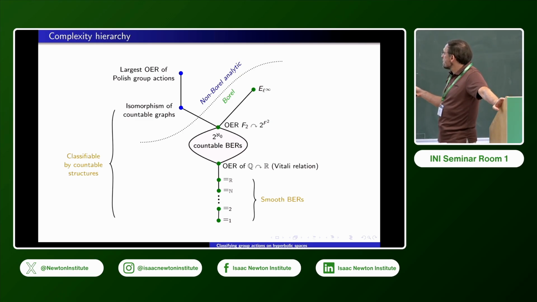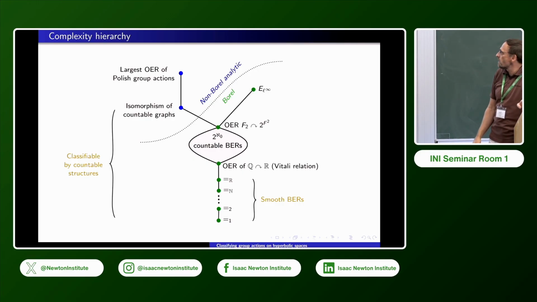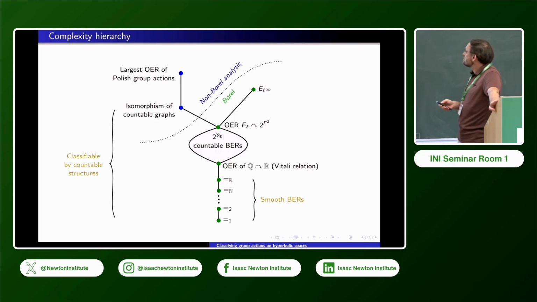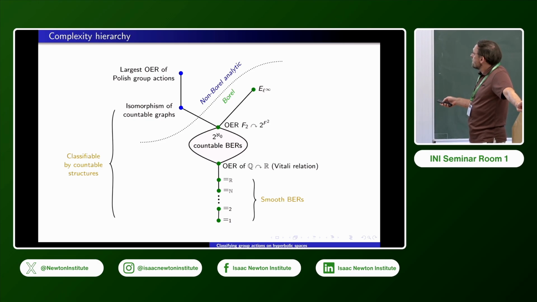So it's a huge set here, and then this set has a maximal element, and this maximal element is the action of the free group on two generators, or any other finite number of generators greater than 1, on the set of all subsets of F2. It should be F2, not F squared. It's a typo. All these relations are Borel, and E_L-infinity is here. It's also a Borel equivalence relation.